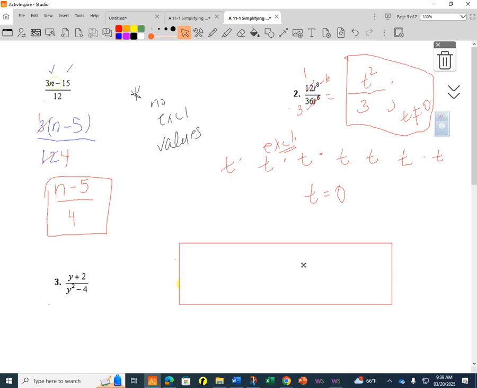The next example, y plus 2 divided by y squared minus 4. Factor the numerator and factor the denominator. Do you know how to factor the numerator and the denominator? Feel free to go ahead and do that.